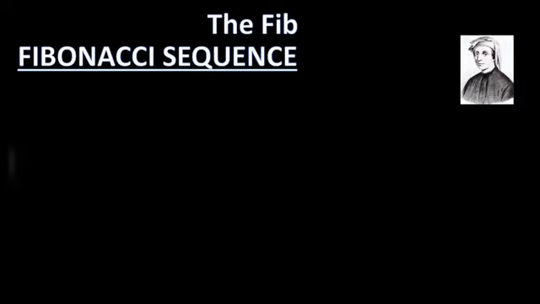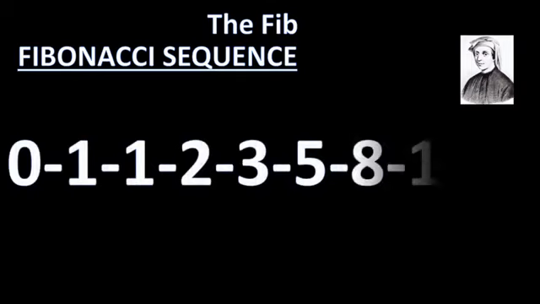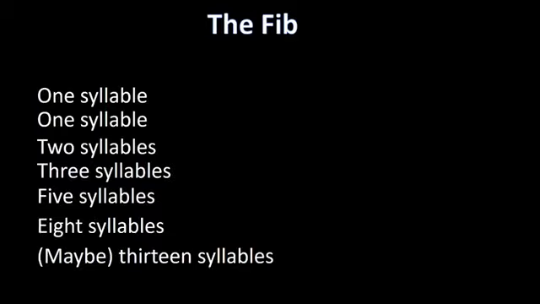The sequence is 0, 1, 1, 2, 3, 5, 8, 13, and it can go on as long as you want it to. For the purposes of a fib poem, you probably want to start it at 1. I guess you could start it at 0, but that would be a little abstract, and then not go any higher than 13. So your lines would have the simple pattern of 1, 1, 2, 3, 5, 8, and maybe 13 syllables.